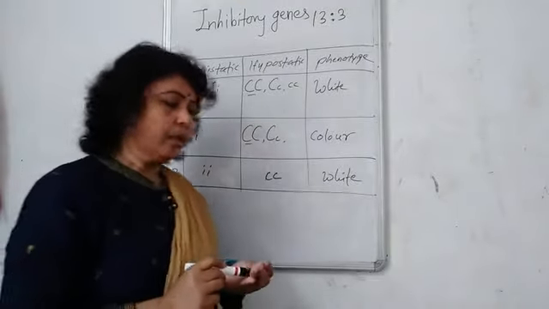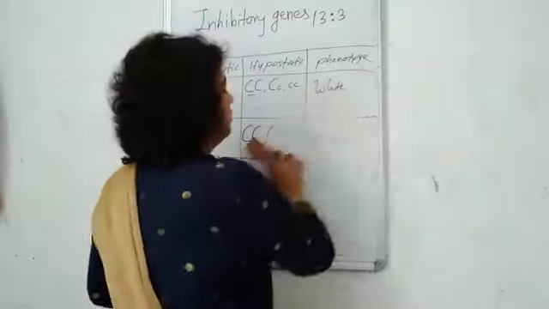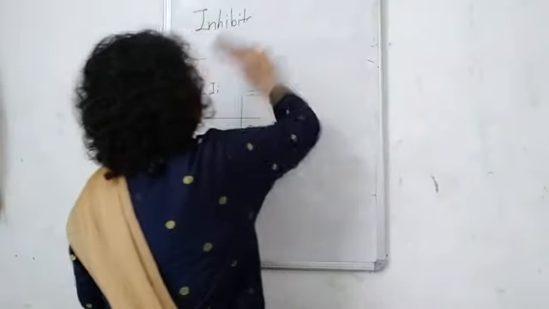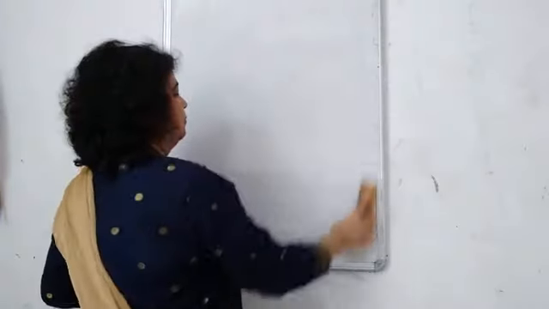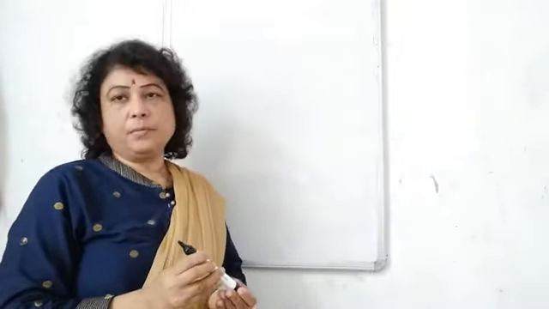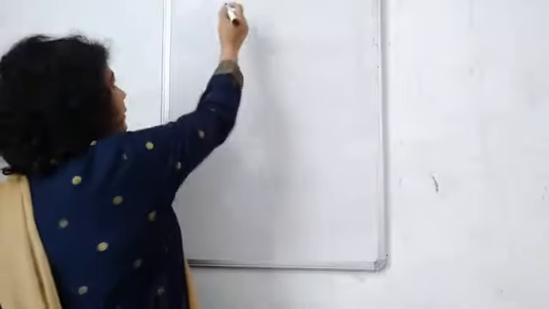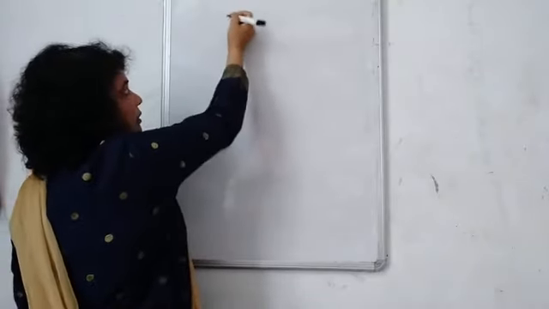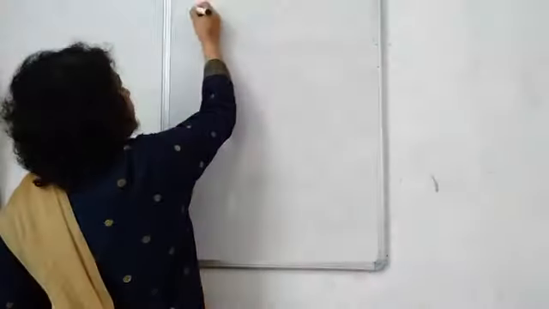So now we will discuss an example. There are two different types of fowls, the hen or the cock.